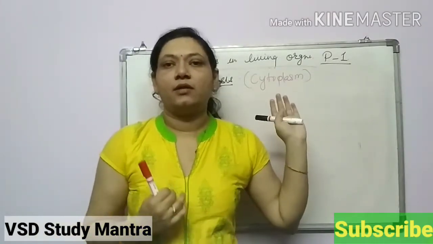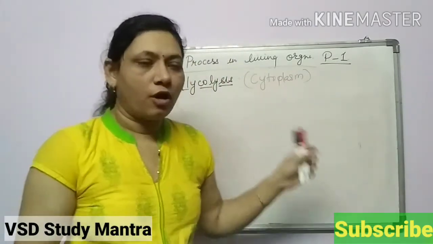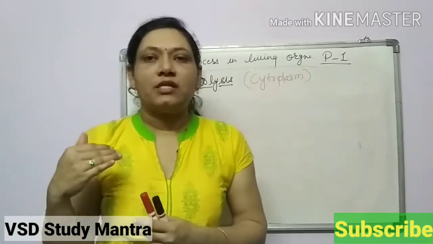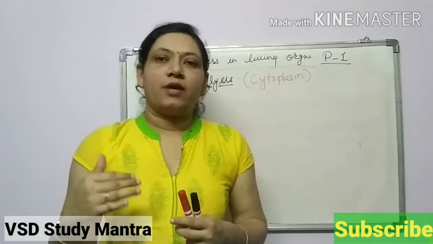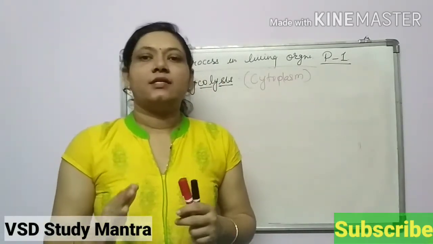Here I am giving just a very short introduction of glycolysis. It is in the 10th standard, but when you study in 11th standard, it will be very deep. So today I am giving you only the introductory part, because more is not needed in 10th standard.